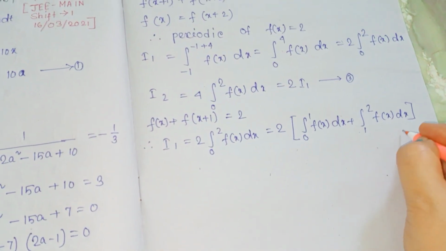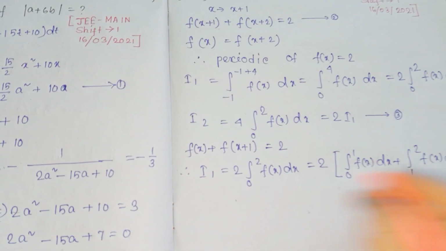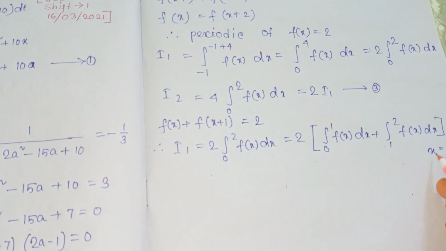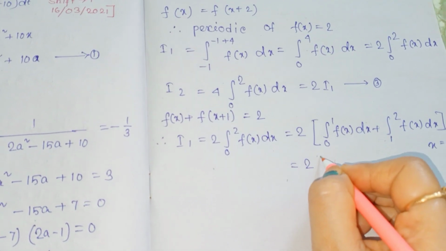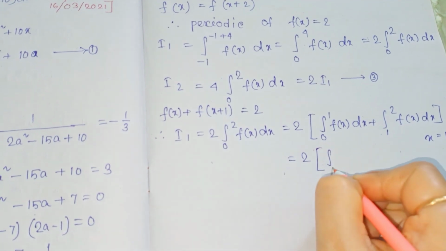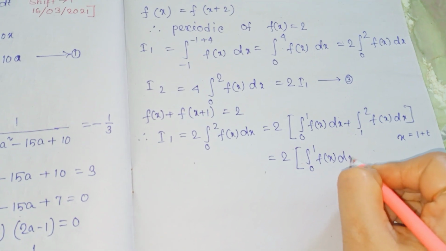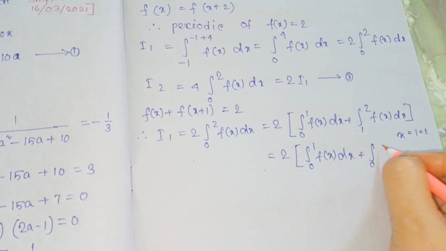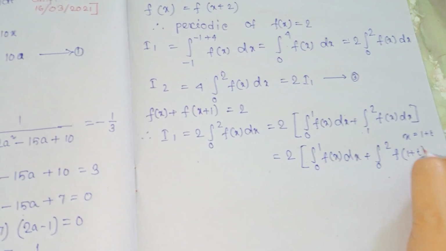Let us suppose x is equal to 1 + t, then we get 2 into the integral from 0 to 1 of f(x) dx plus the integral from 0 to 1 of f(1 + t) dt.